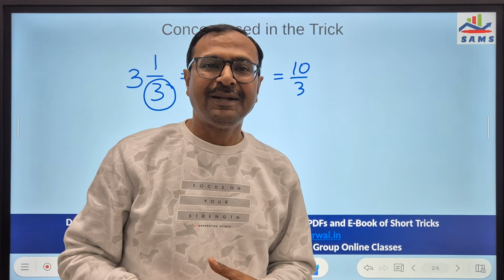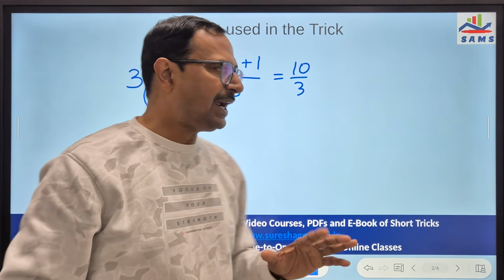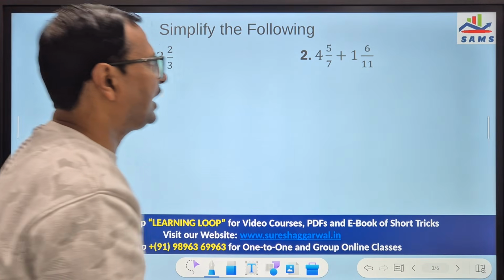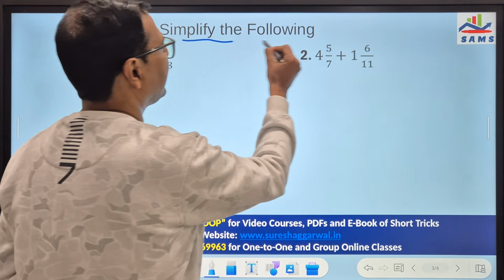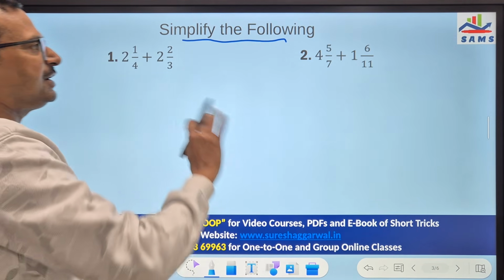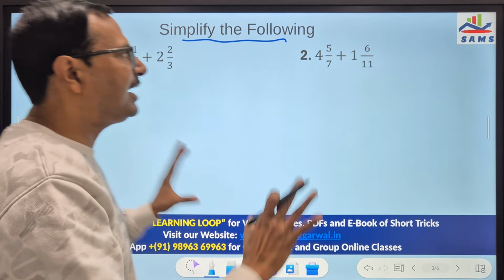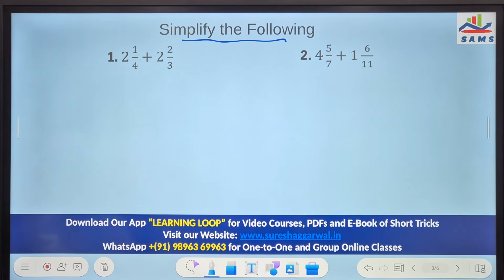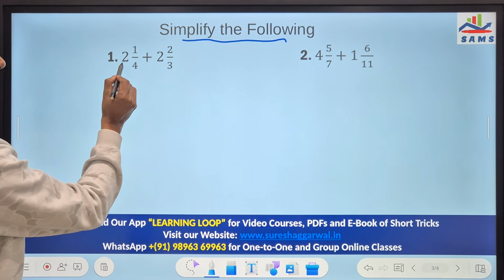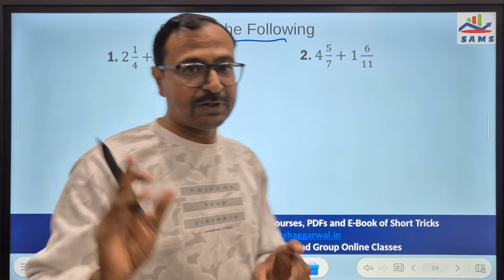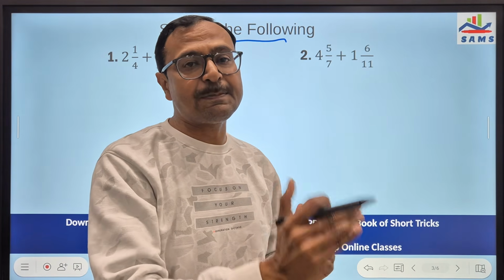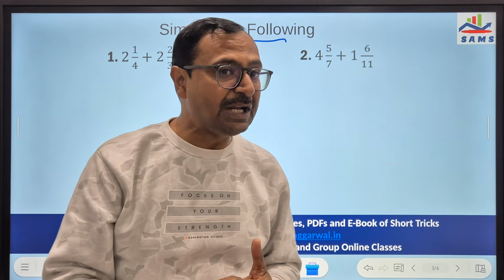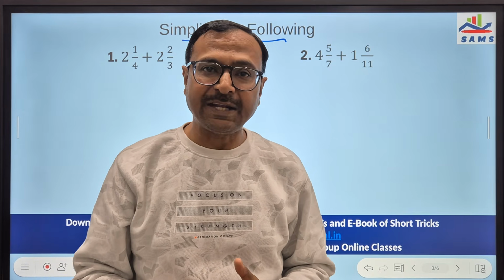For that, let me take the first question and I will tell you how we can manipulate and simplify expressions containing mixed numbers. Here we have two questions where we have a plus sign in between. That means we are adding the mixed numbers. What you need to do first is add the whole numbers. I'm writing all the steps for the first question, but slowly I will skip steps and show you how quickly you can do the adding and subtracting part.